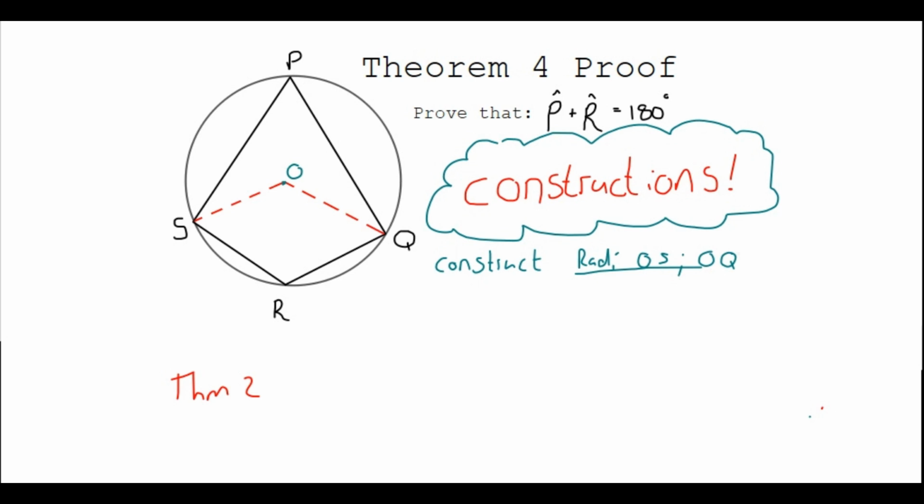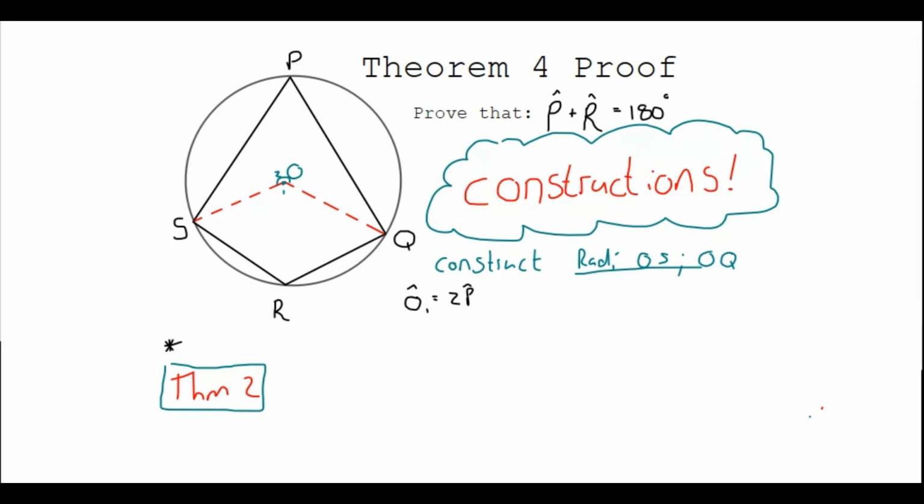Remember, we are thinking theorem 2. Now we can look at the angle at the center versus the angle at the circumference. I'm going to label this O1 and O2, O2 being from that line to that line. Theorem 2 is our cheat code here. So angle O1 equals 2 times angle P. If you're unsure, please take a look at the roadmap video on the whiteboard tutoring.